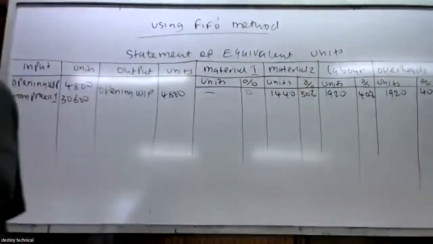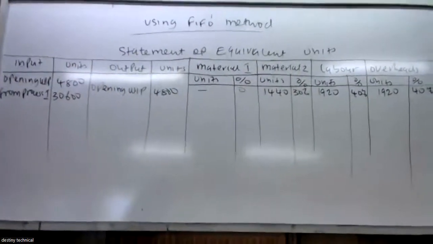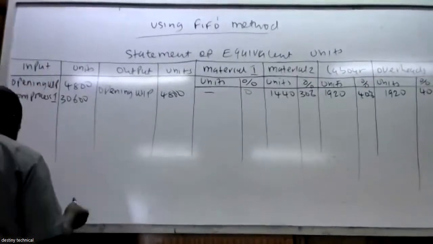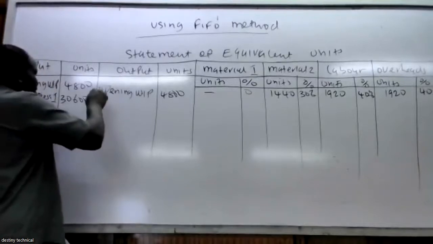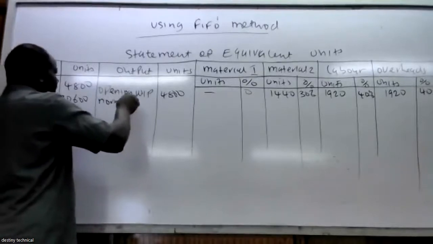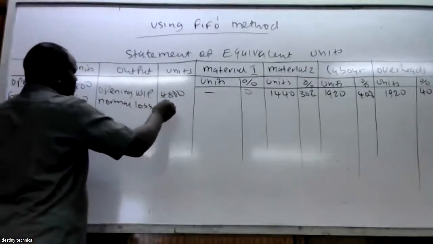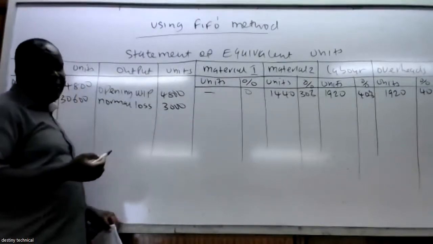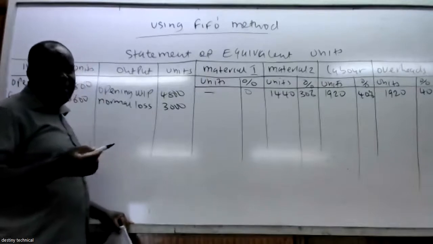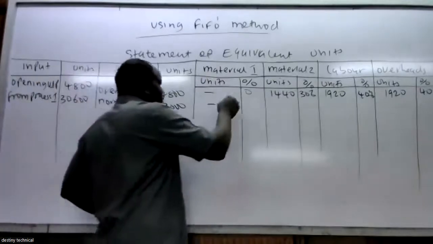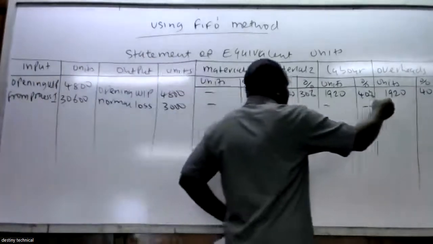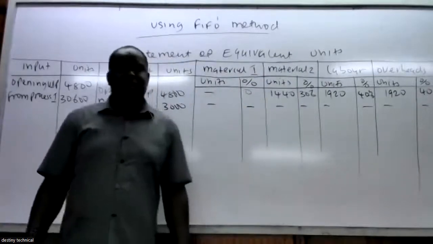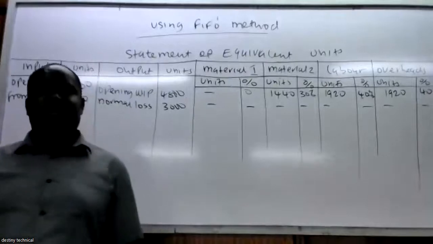For the opening work in progress, we take the remaining percentages. The next item will be the normal loss. Normal loss, we calculated, and it was 3,000. When we check in step number 1, we assume it is 100%. Normal loss, once it occurs, we have no control over it.